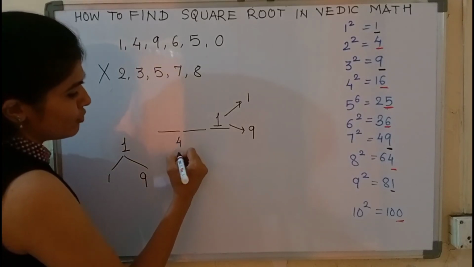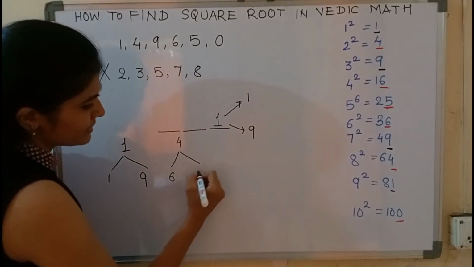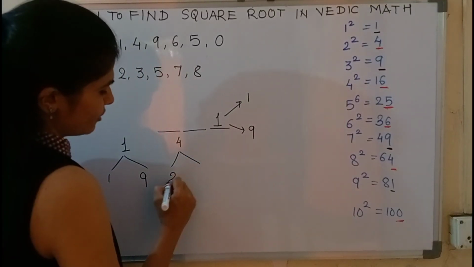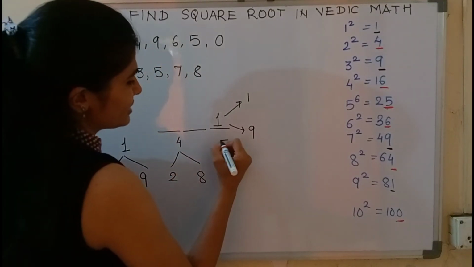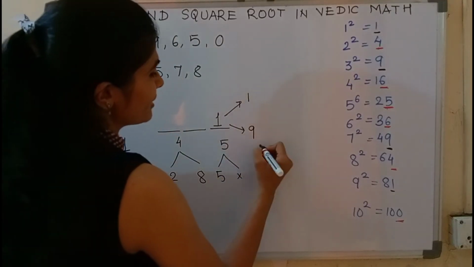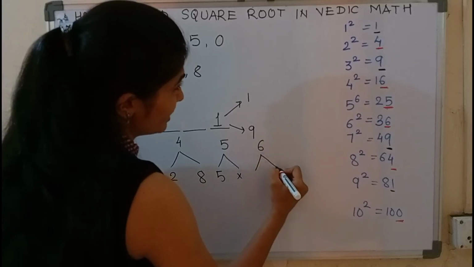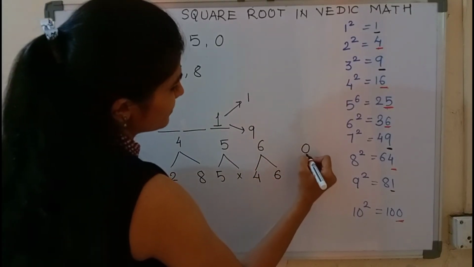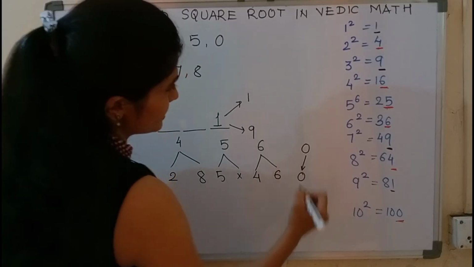If it ends with 4, the square root must be 2 and 8. Sorry, not 6 and 4. If it ends with 5, then it must be 5, nothing else. If it ends with 6, it must be either 4 or 6, and if it ends with 0, it must end with 0 only, right?